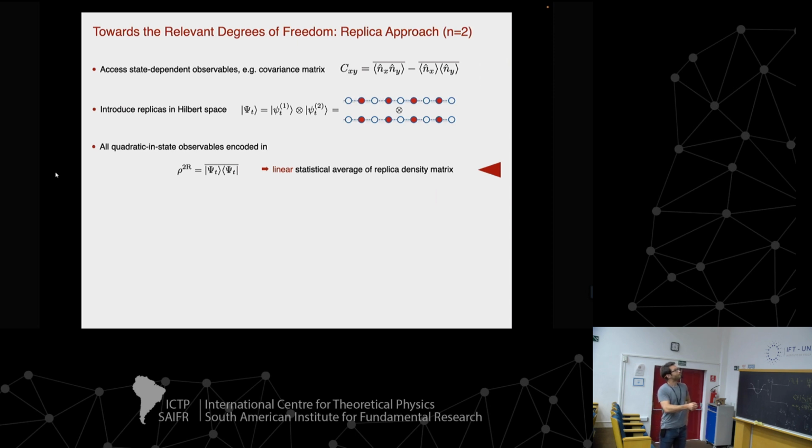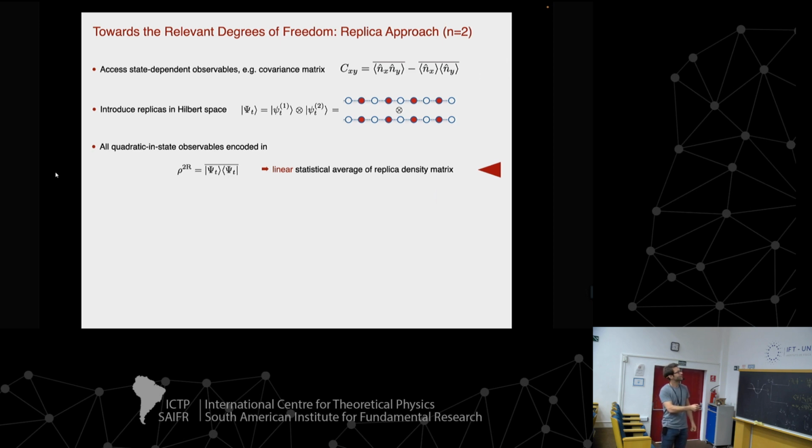Okay, now the next thing in our construction will be to think about how we get access to these correlators. You have to work a bit, and that is where this replica construction comes in, which we later also use in the Keldysh integral. What we do is copy this wave function. We introduce copies of the wave function in this way, so that exactly the same configuration of fermions shows up in these two copies.